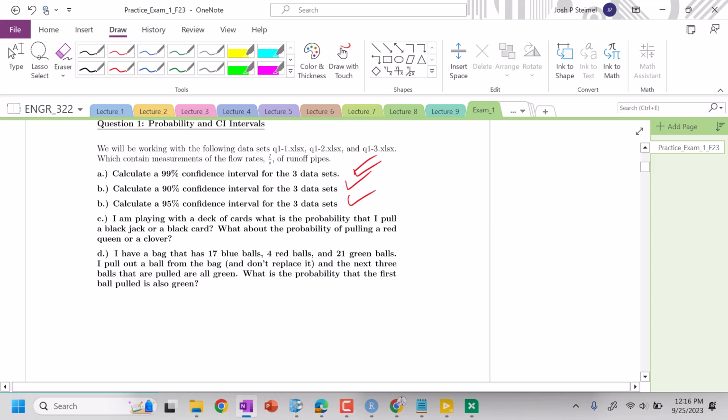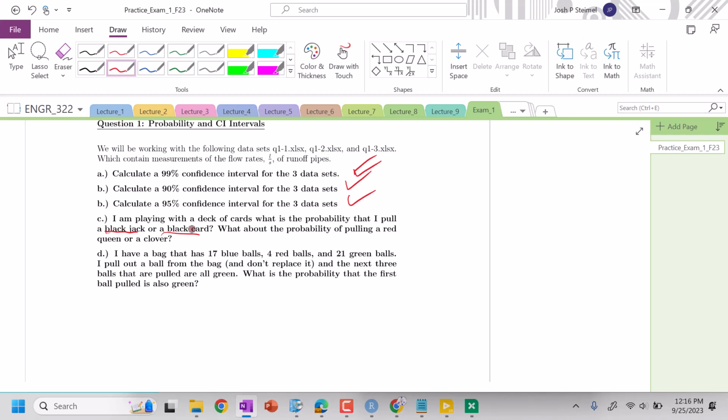I'm playing with a deck of cards. What is the probability that I pull a jack or a black card? So we want to go way back to our probability information. This is an OR probability, so we're going to be adding, but the question we have to ask ourselves is: is this a mutually exclusive or not mutually exclusive event?